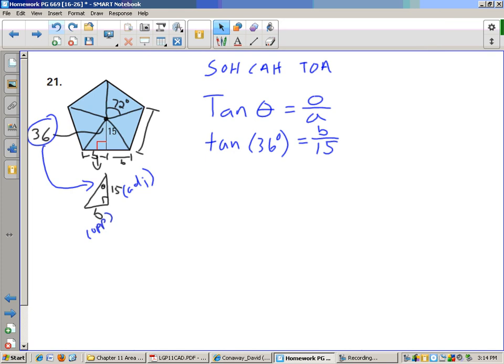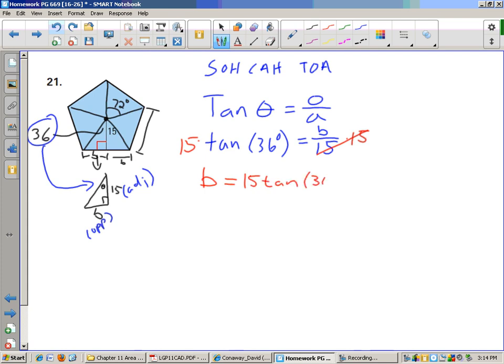And how do we solve this problem now? Multiply both sides by 15. Proud of you guys. Y'all have really got that stuff down now. Okay, so 15 tan of 36 degrees. Okay, B equals 15 tan.